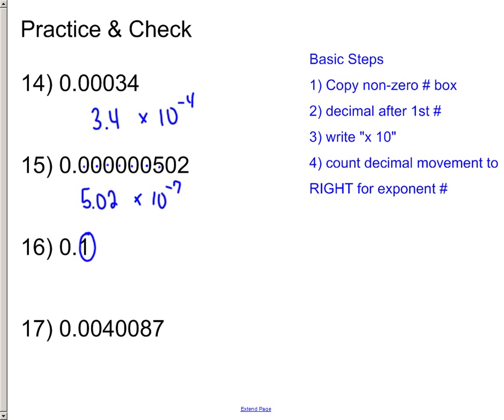This is the only one we've got, so 1 times 10 to the -1st. There we go, and we're going to move it over 3 times, so it'd be to the -3rd power.